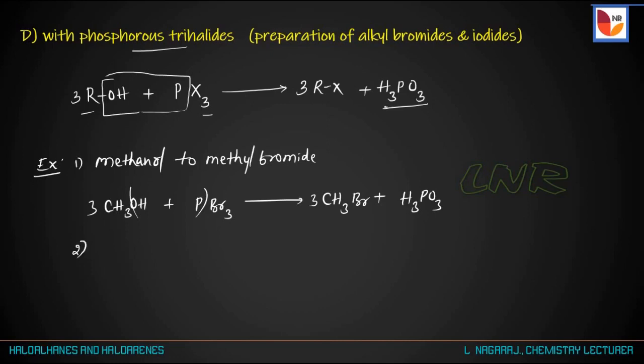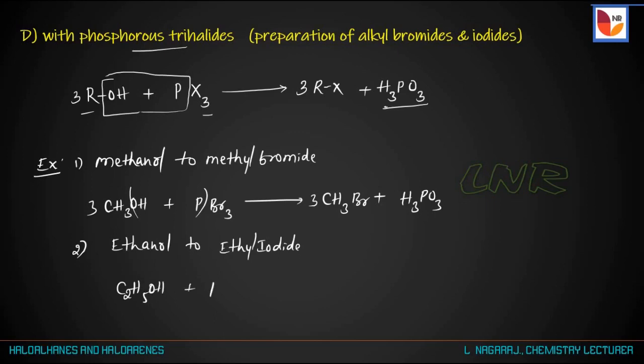Next example, that is conversion of ethanol to ethyl iodide, that is ethanol C2H5OH.